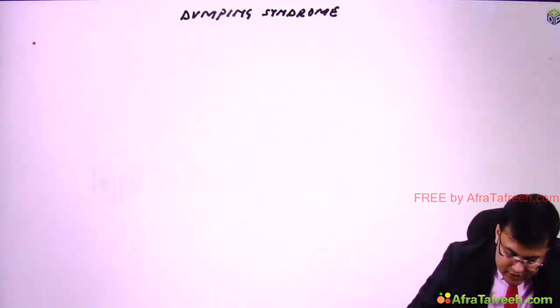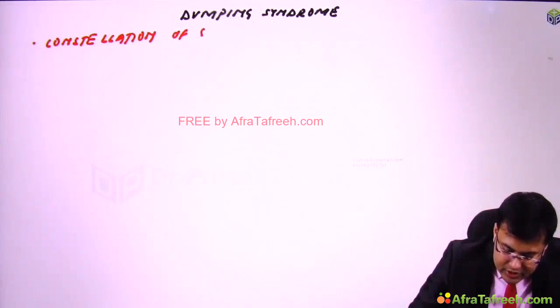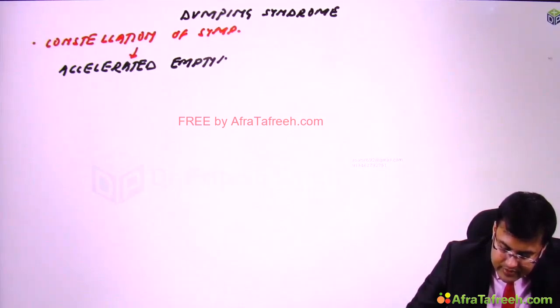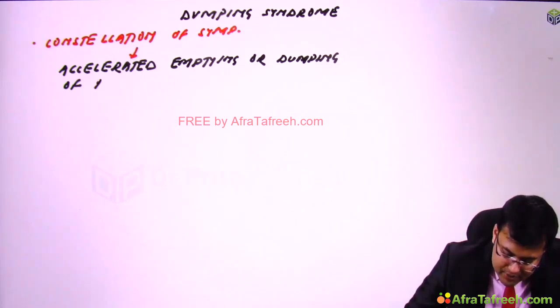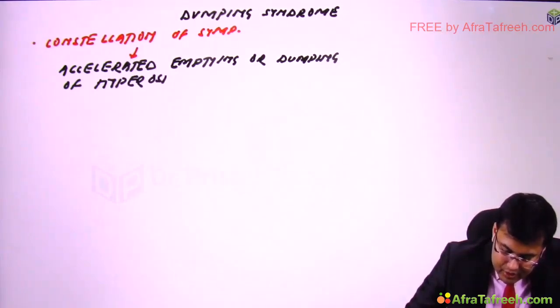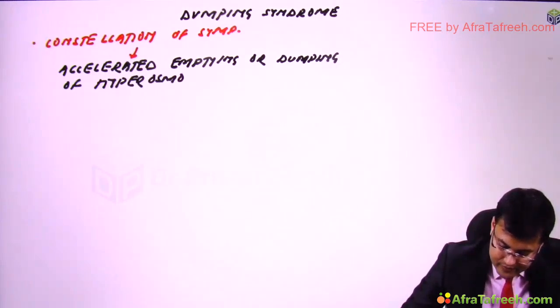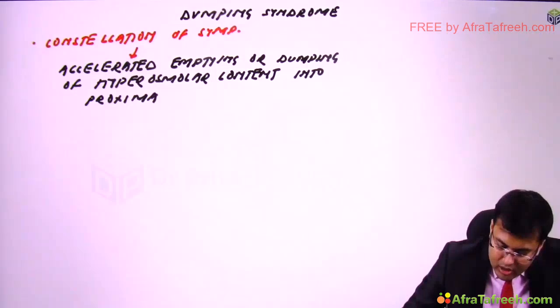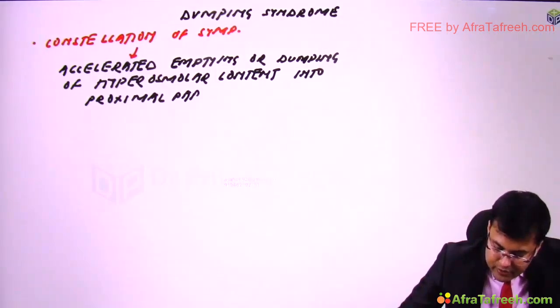So what is dumping syndrome? It's a constellation of symptoms, or group of symptoms, caused by accelerated emptying or dumping of hyperosmolar content into the proximal part of jejunum or proximal small intestine.